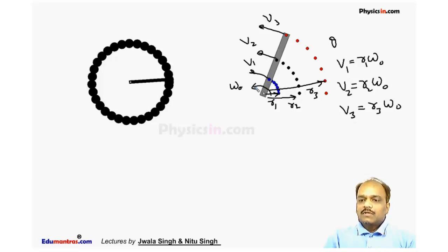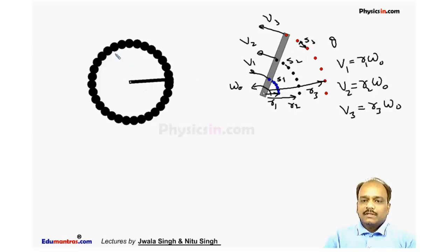Since this rod is rotating with constant angular velocity omega naught, the particle near the axis moves with smaller speed, and the particle at a larger distance moves with more speed because it travels more distance in the same time. This distance is s3, and in the same time this distance is s2, and here it is s1. We can see s1 is very small, s2 is large, and s3 is very large.